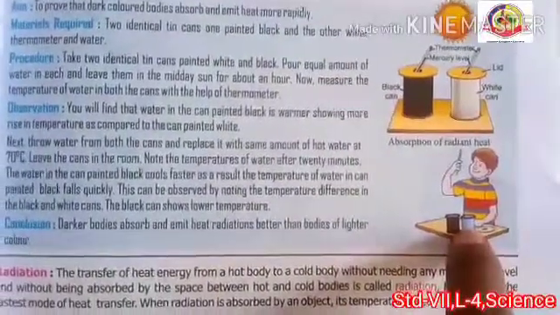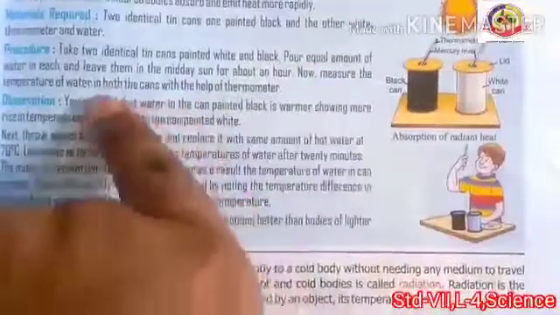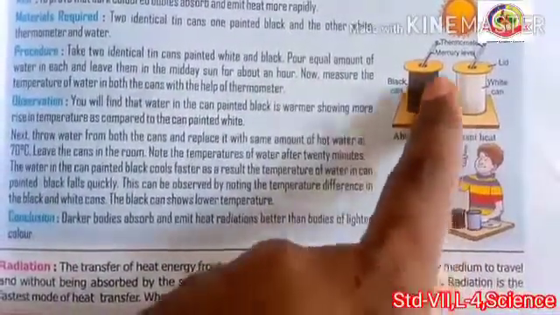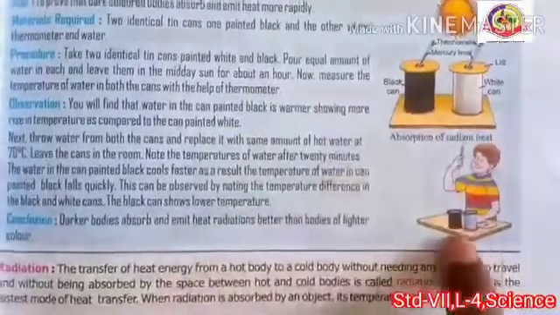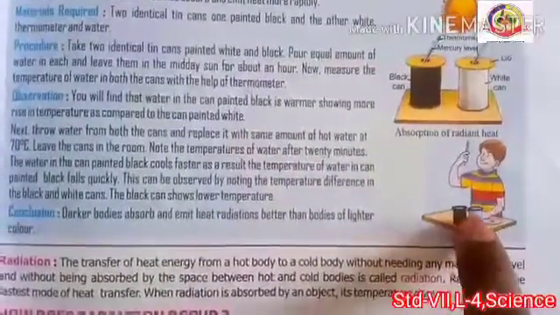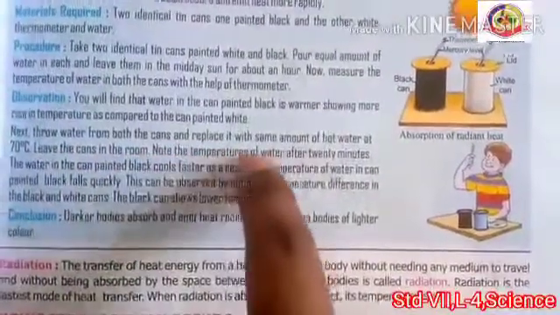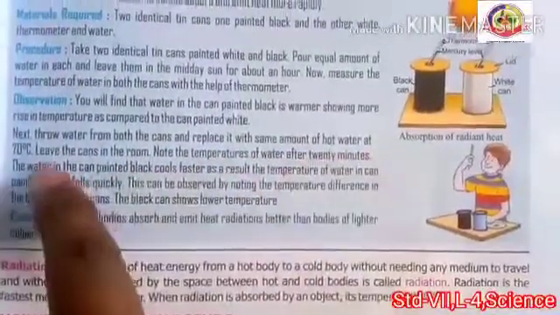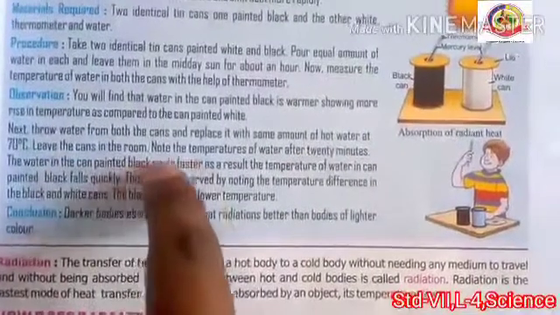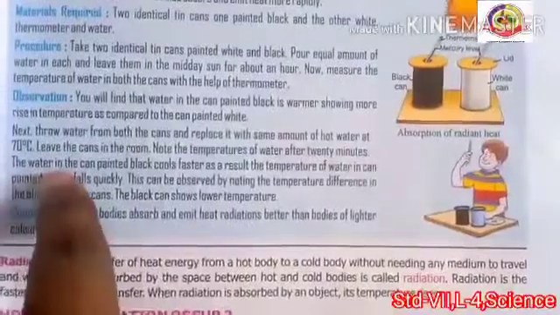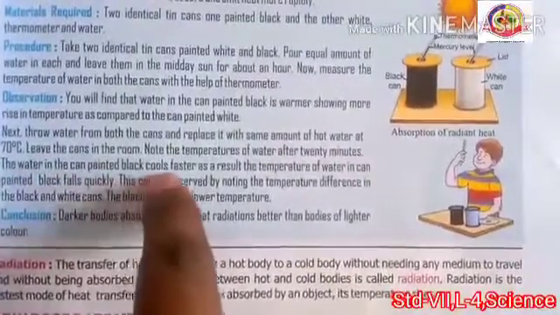In the next one, you see, the water we had taken firstly to measure the temperature, throw it out, then keep the cans here, and throw water from both cans and replace it with the same amount of water at 70 degrees Celsius. Leave the cans in the room. Note the temperature of the water after 20 minutes. The water in the black painted can cools faster.